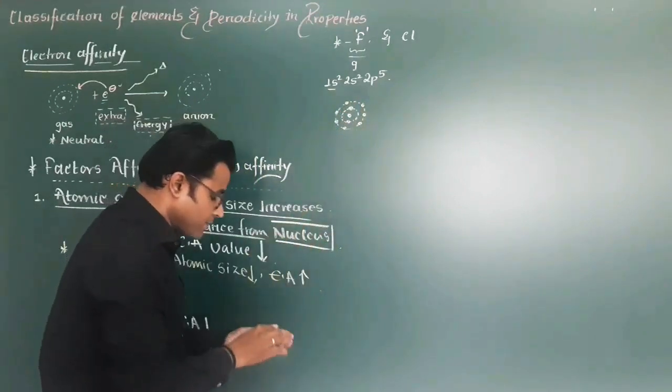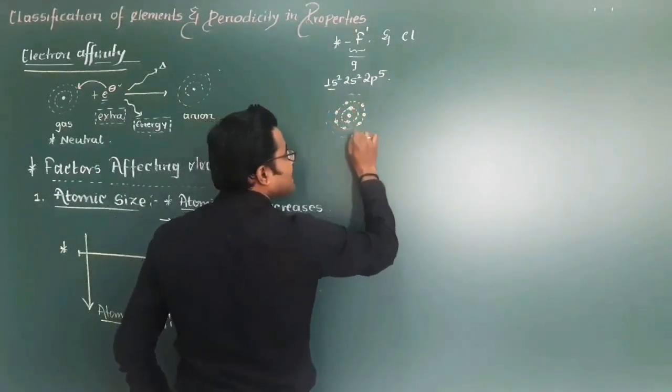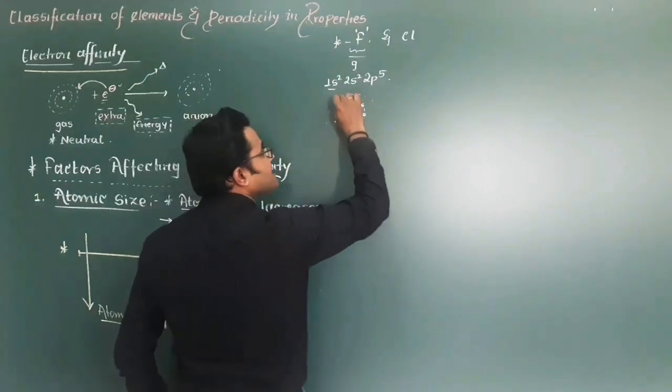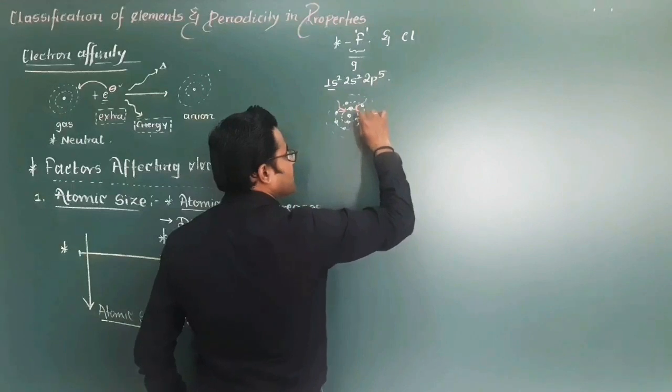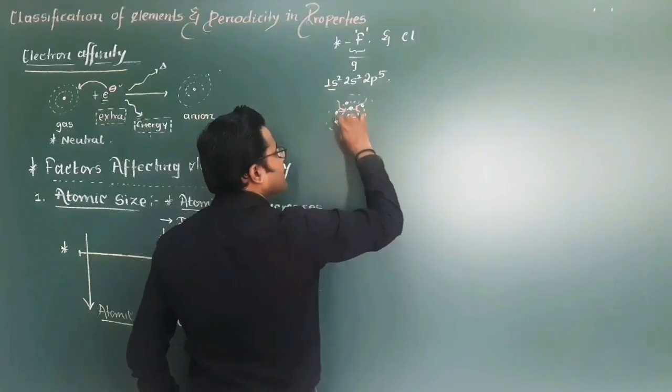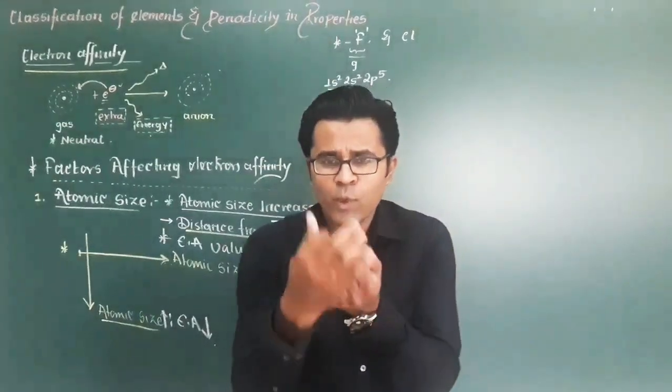Now in this case, the electron density is concentrated in a very, very small space. The negative electron density is concentrated in a very small space.